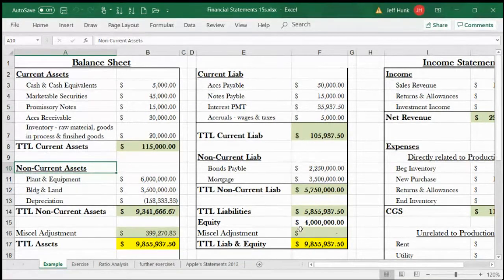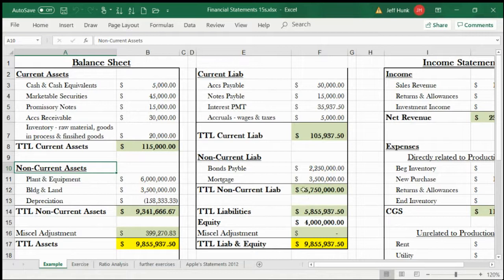Of course, we will just assume that there was originally $4 million in paid-in equity, paid-in capital. Now, anyway, the rest of it was raised by debt, right? 5.855 million was raised.